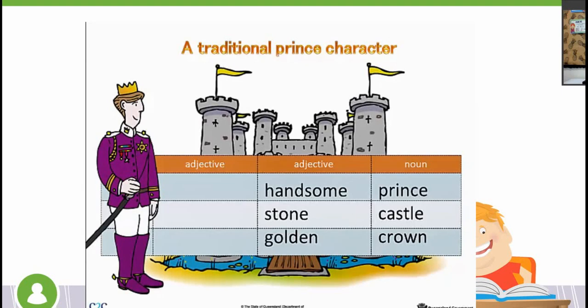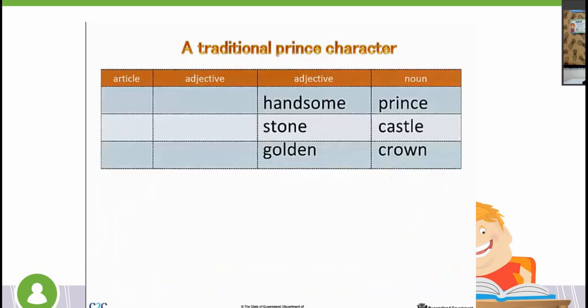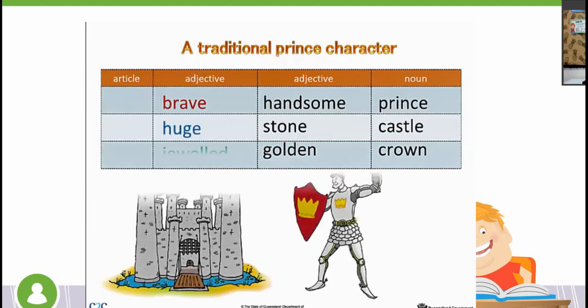The castle is made of stone. What sort of crown? Golden, of course. So our noun, prince, becomes a noun group. Handsome prince. Stone castle, golden crown. Can you think of another adjective to add to the noun group? How about brave, handsome prince? Huge stone castle. Jewelled golden crown.